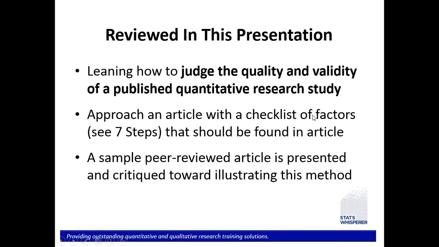We're also going to have a sample peer-reviewed article presented so we can critique this article toward illustrating this method. And you'll see, at the risk of not offending anyone else, I critique one of my own earlier articles to say what should be there that's not there right now.